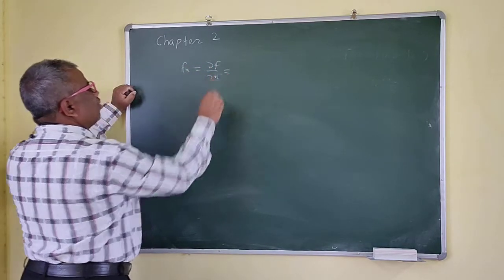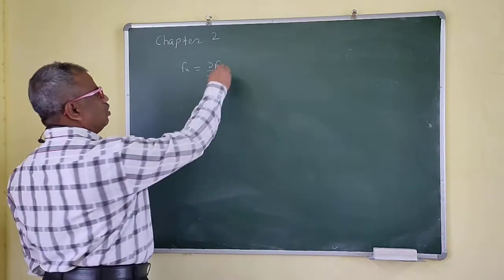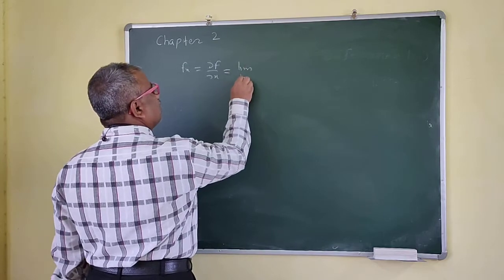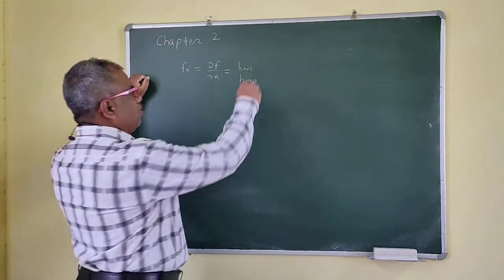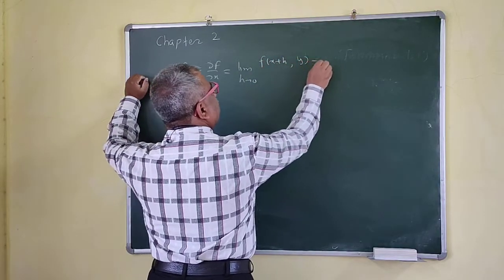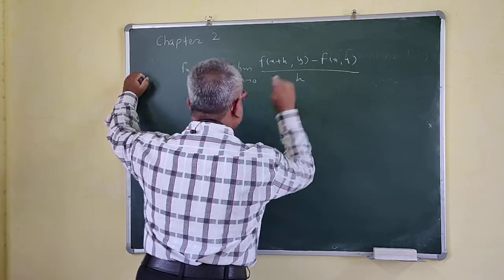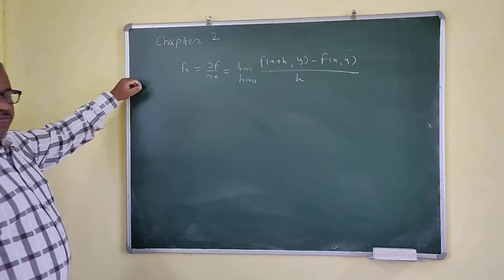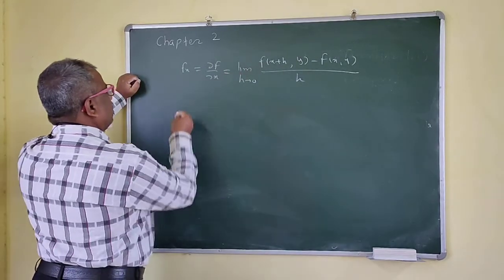It is the limit as h tends to 0; now we have a two variable function of x and y, so we increase the x coordinate by h, and y stays the same: [f(x + h, y) minus f(x, y)] upon h. This is the general one, for any function you can differentiate over this, at any point.